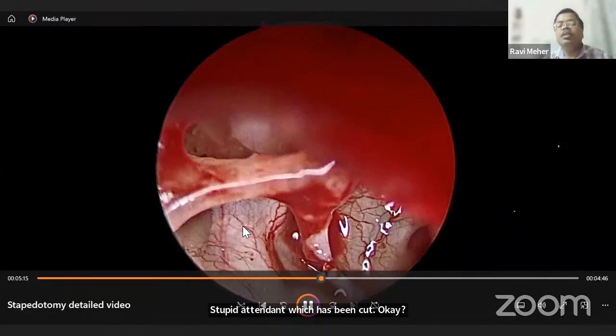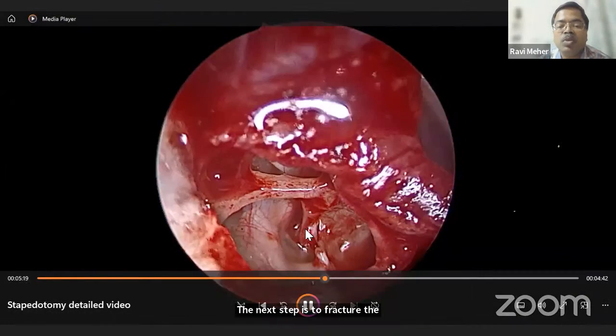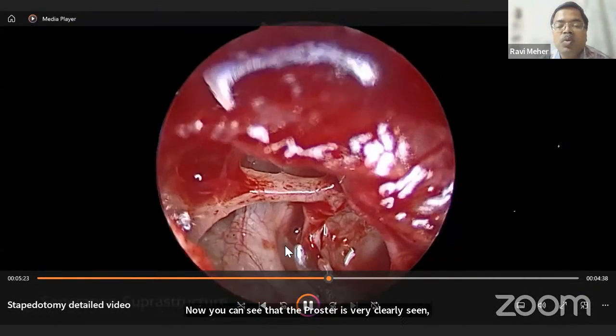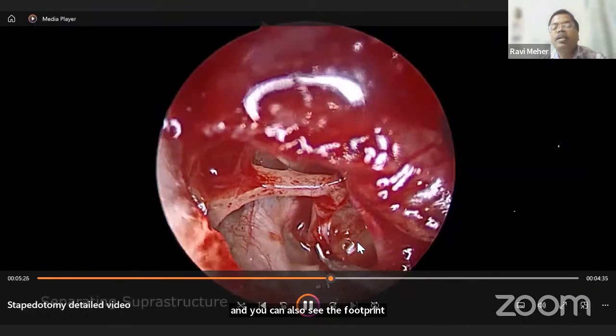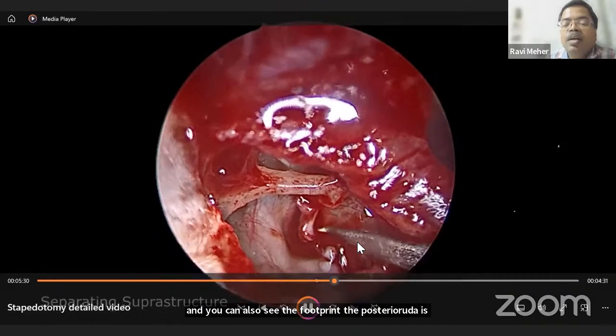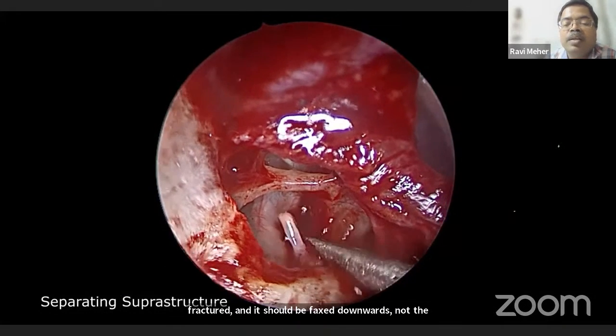The next step is to fracture the crura. So the posterior crus. Now you can see the posterior crus very clearly, and you can also see the footplate. The posterior crus is fractured, and it should be fractured downwards, not in the direction of the footplate, right?